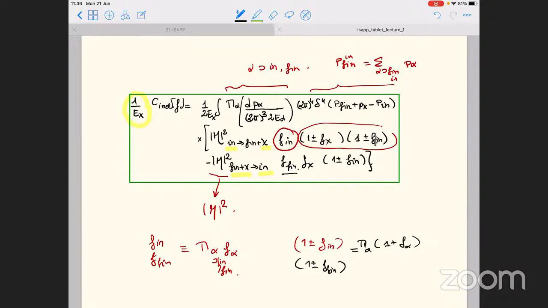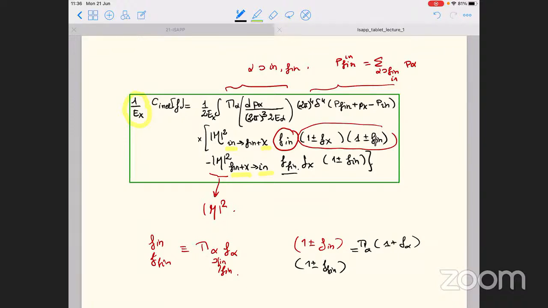These factors are related to spin statistics, so you call them Pauli blocking factors or Bose-Einstein enhancement factors. Pauli blocking, for fermionic dark matter, comes with the minus sign. Bose-Einstein enhancement comes with the plus sign. These factors can have an effect on the relic abundance of your dark matter.